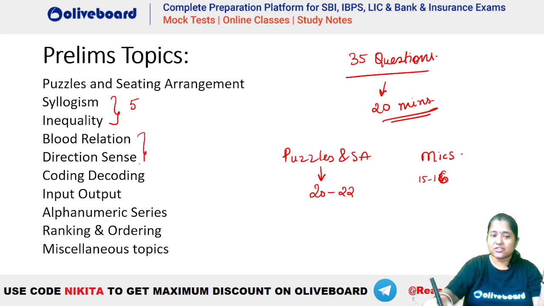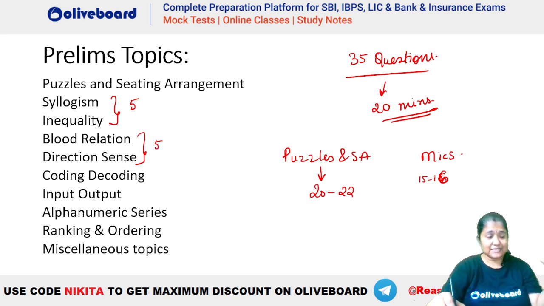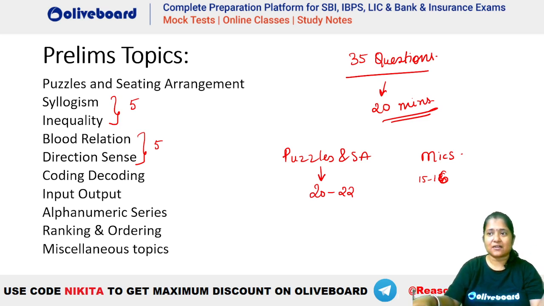Similarly, from blood relation and direction sense you will see about 5 questions, and they will be set based questions, right? Blood relation, direction sense, generally you will get a set of 3. They will give you a family tree and you have to answer 3 questions related to the same family tree.